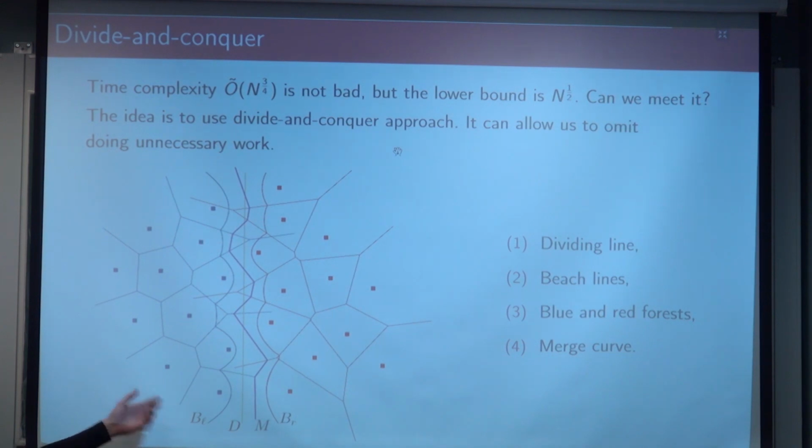Those are beach lines, which are just boundaries of the cell of the vertical line in the global Voronoi diagram; the forests, which are parts of the corresponding Voronoi diagram beyond the beach line, and those are really forests, they have no cycles obviously; and the merge curve, which is the line along which the parts of the Voronoi diagram meet.